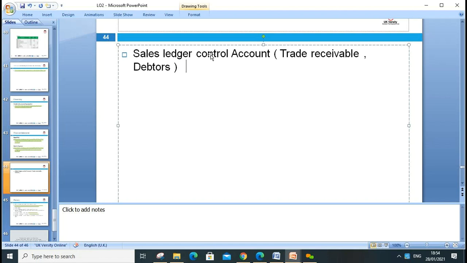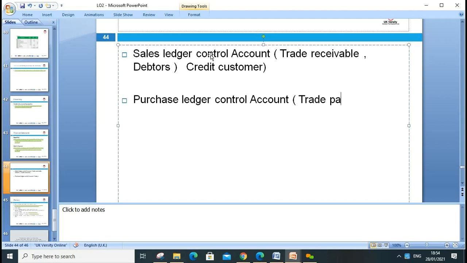These are our credit customers; I have to receive money from them if we have a credit sale. Then we discussed the purchase ledger control account. This is our trade payables, also known as creditors. These are our credit suppliers because we bought on credit, and this is linked with purchases.